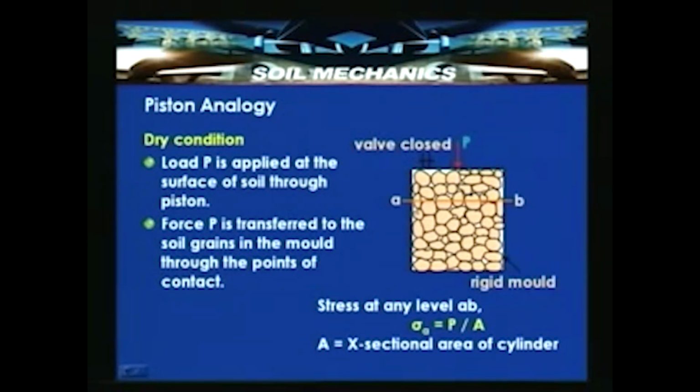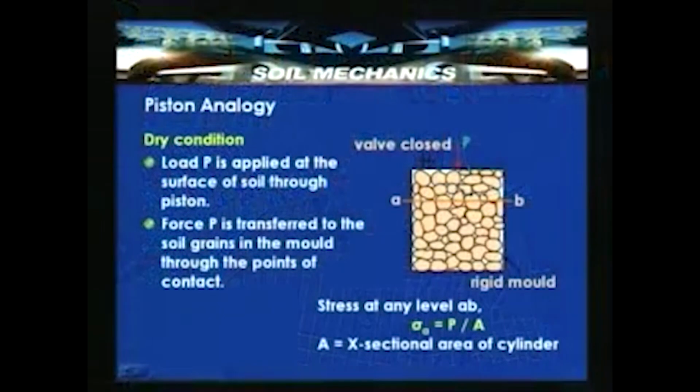As we have seen, the imaginary area passing through the solid grains as well as the voids is considered in determining the stress at a particular depth within the soil mass.